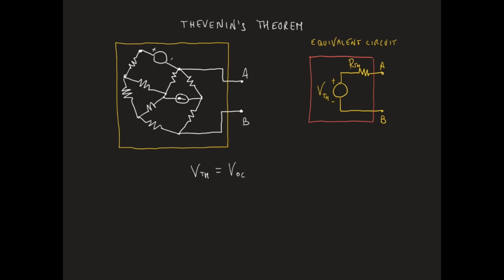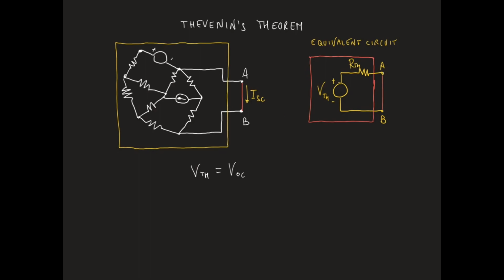By short circuit current between nodes A and B, we mean the current flowing between the two nodes when they are connected with an ideal conductor, or short circuited. Let's call ISC the short circuit current flowing between nodes A and B in the starting circuit.